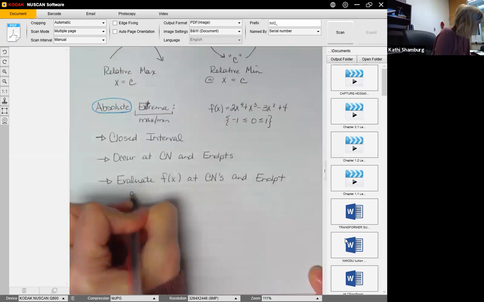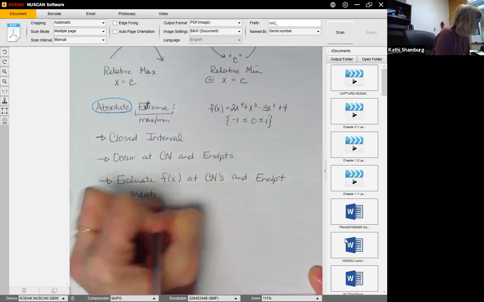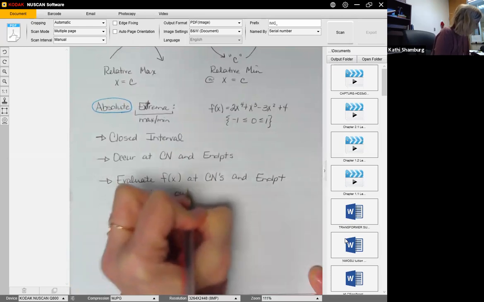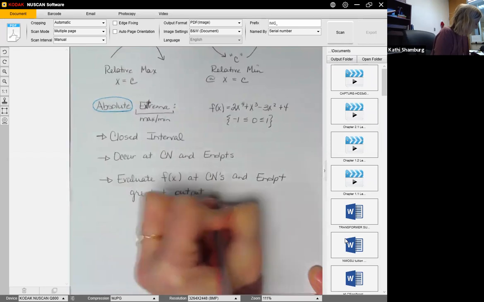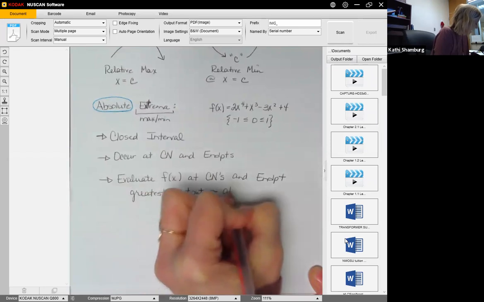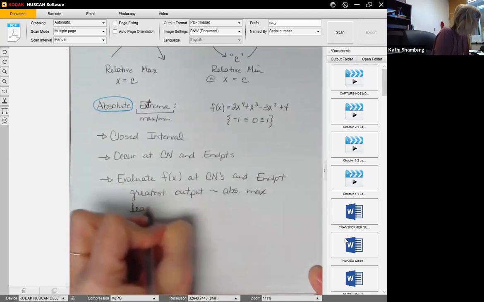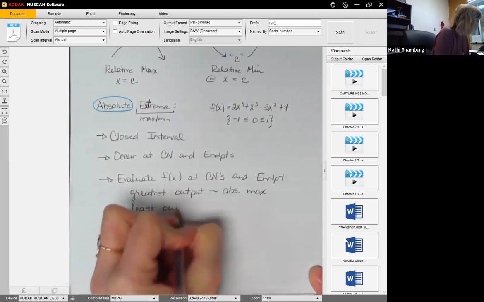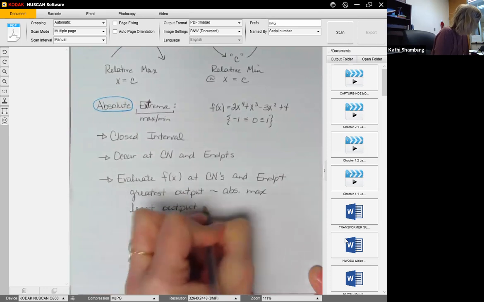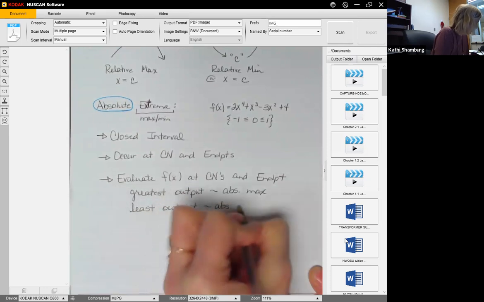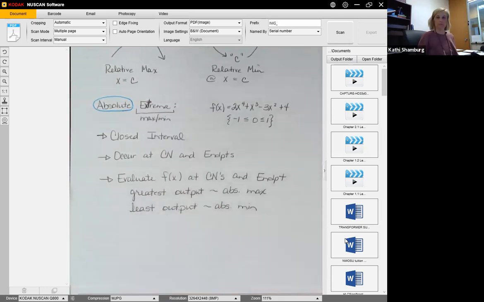Then we'll look at what is the greatest output. Then that'll be your absolute maximum, and the least output will be your absolute minimum.